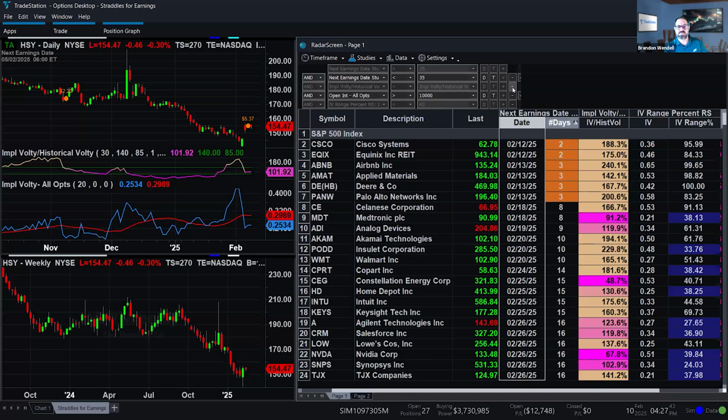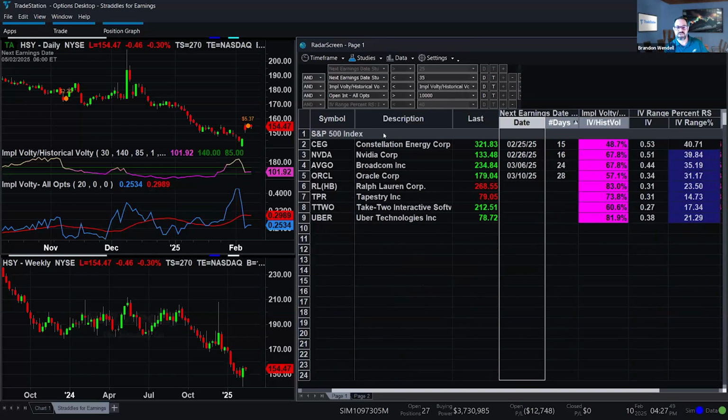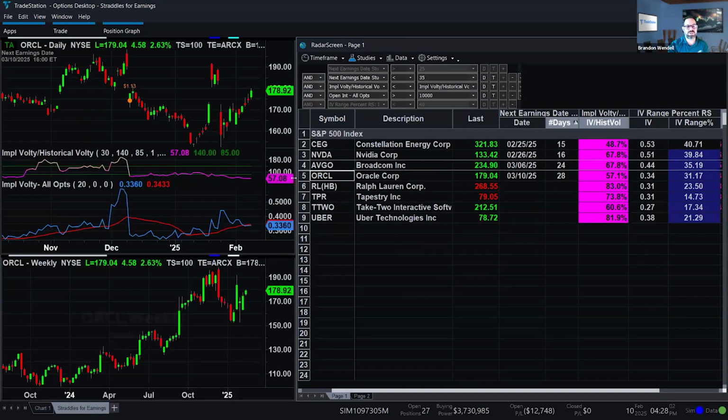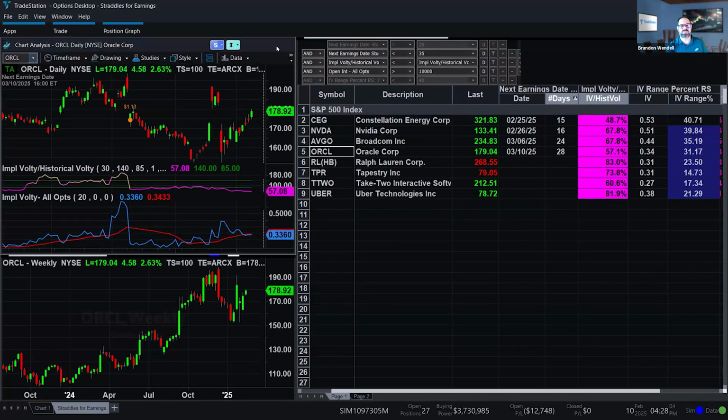Okay. And implied volatility should be lower than historic average. There we go. See, that's the problem. We've got earnings coming up a little too soon on some of these. Oracle, though, is still decent. Broadcom's kind of too close. But again, looking at these, you want to make sure that there's the pattern that repeats itself.